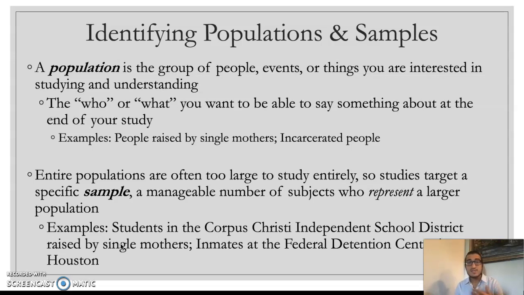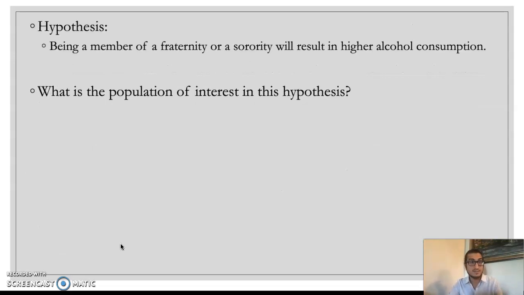Same thing, if my population of interest was incarcerated people, I'm not going to be able to talk to every single incarcerated person in the United States, but maybe I could focus my sample on just inmates at the Federal Detention Center in Houston, Texas, right? So samples are just smaller, more manageable groups or subsets of the populations that we're interested in studying. And it makes it easier, more accessible for us as researchers to target a sample versus targeting an entire population.